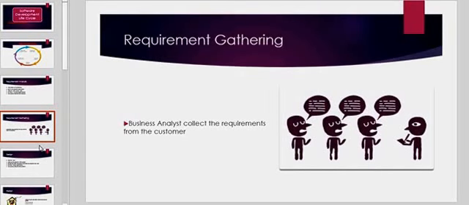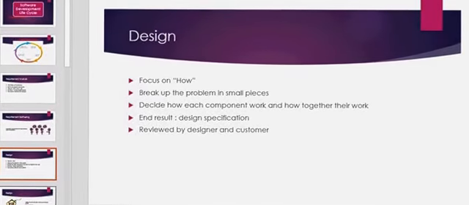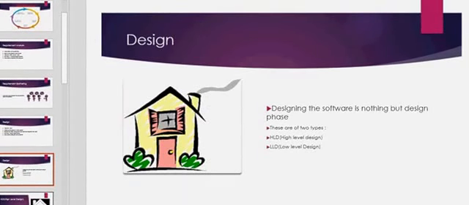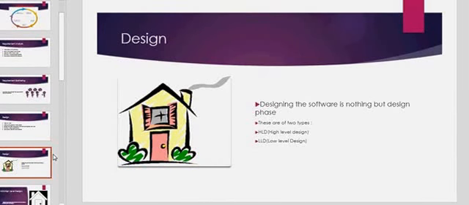Once we have collected the requirements, we go for the next phase, that is the designing phase. In the designing phase, we should focus on how. For example, if you want to design a mobile phone, you should know how to design that mobile phone, right? So in designing, based on the requirements the client has given, we go with designing.